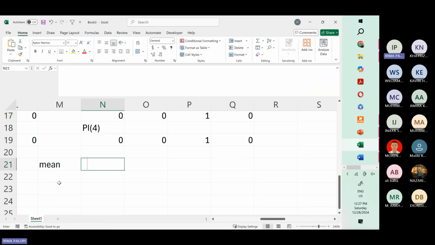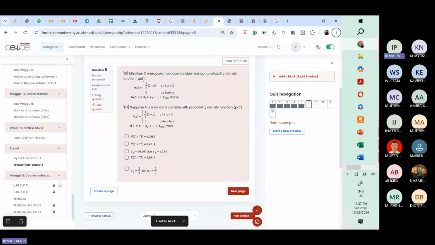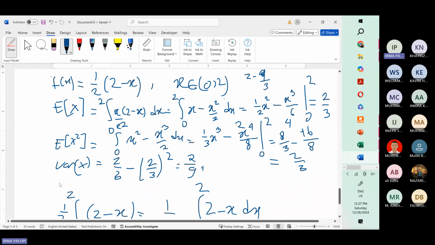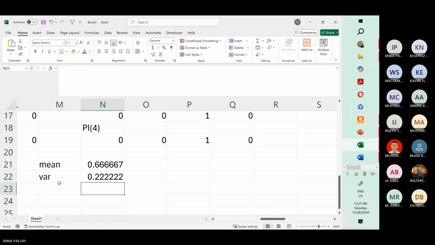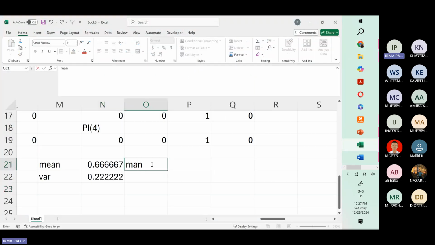Jadi min X-nya tadi 2/3. Tadi 2/9. Sepertiga 2/9. We need to find X. Sigma.